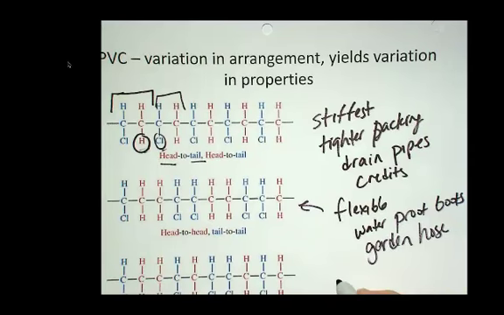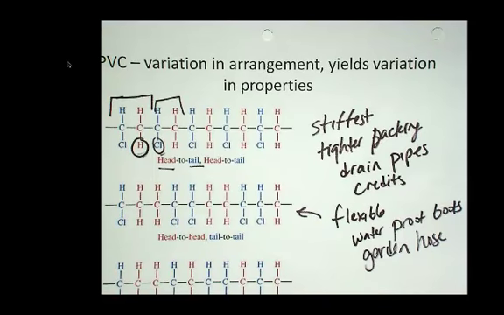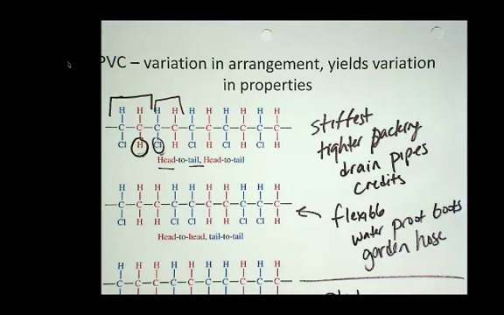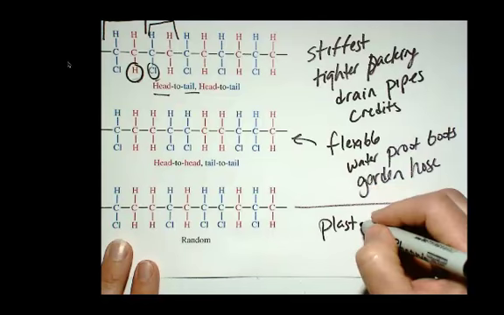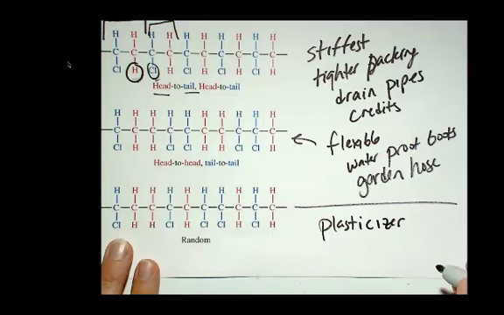And also, you can get an even more flexible PVC by taking either one of these and adding to them what's called a plasticizer. A plasticizer gives even more flexibility to the plastic.